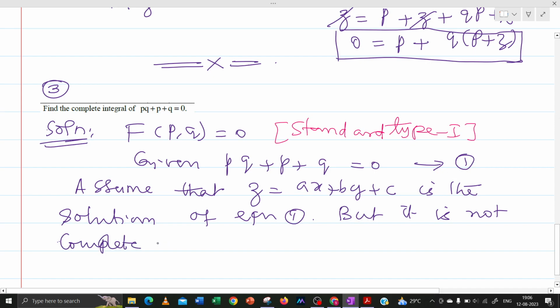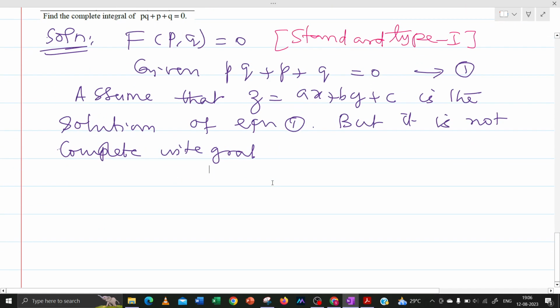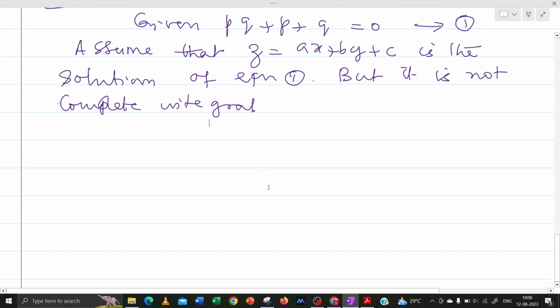What is the definition of the complete integral? The complete integral should have an equal number of arbitrary constants and independent variables. See that z equal to ax plus by plus c has only 2 independent variables and 3 arbitrary constants a, b, c. So how many independent variables are there here? x and y, and then arbitrary constants are a, b, c. So both are not equal. Therefore, it is not the complete integral.